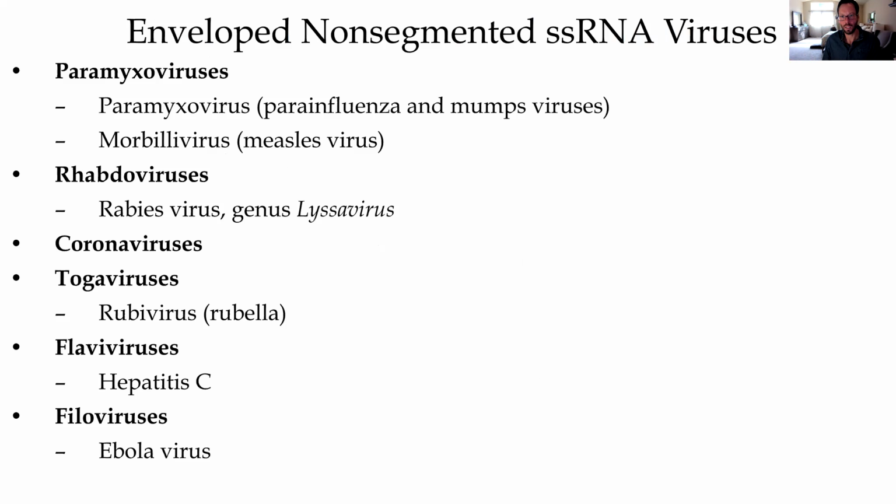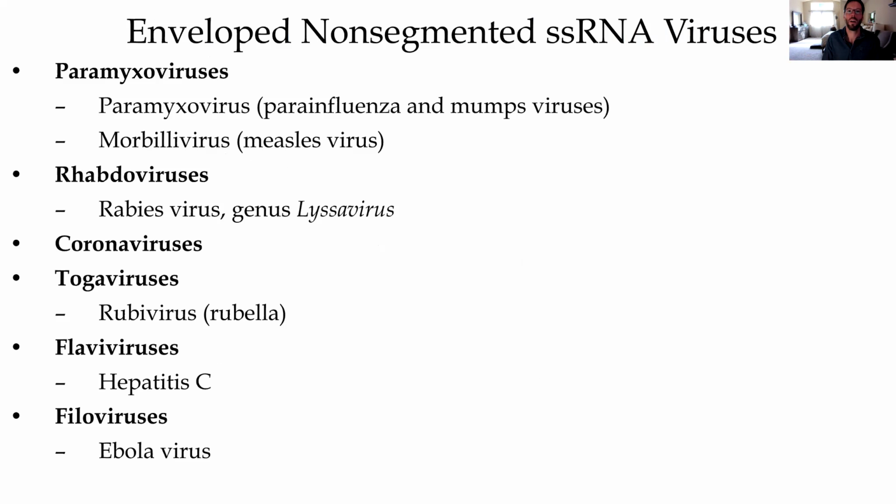So that's the segmented RNA viruses. How about the non-segmented RNA viruses? These are going to be paramyxovirus, so parainfluenza, mumps, measles, the rhabdoviruses, so like rabies, okay? Coronaviruses, togavirus, so your rubella, your MMR, right?